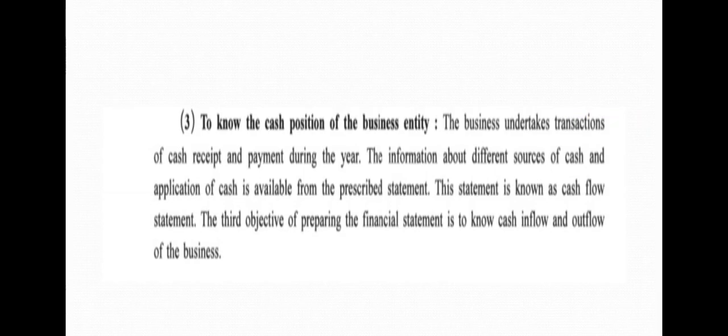So friends, throughout the year, a business entity deals with transactions of cash. These transactions can be of two types. Number one, because of them there is an inflow of cash. Number two, because of them there is an outflow of cash. Right?